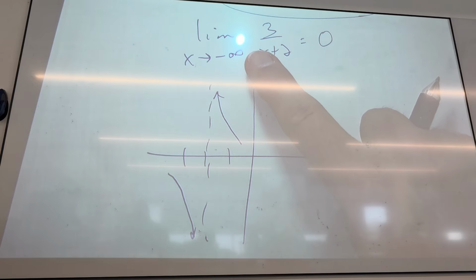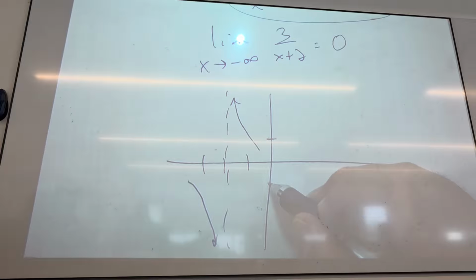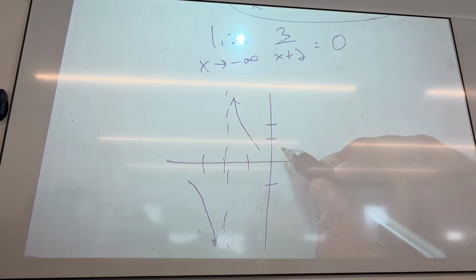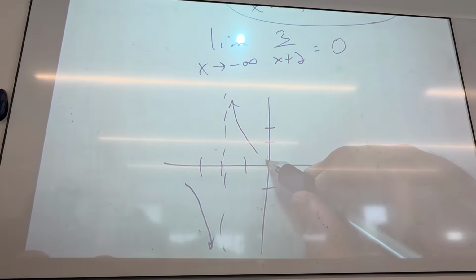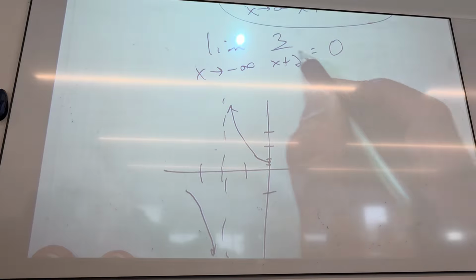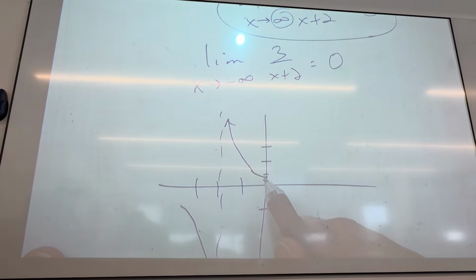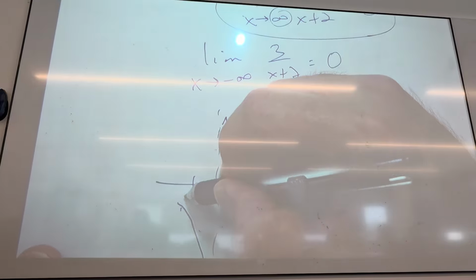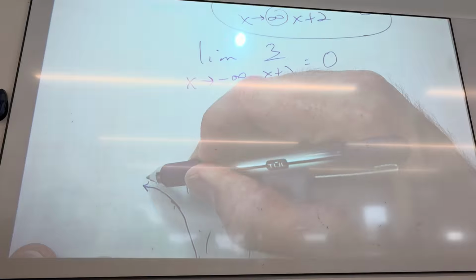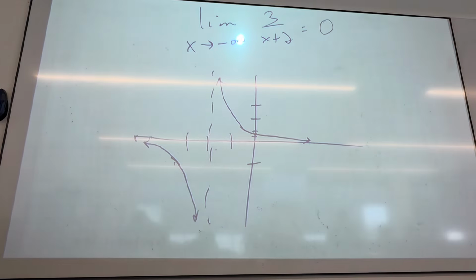Put a 0 in, yes, and what do you get? 3/2. So the y-intercept of this function is 1.5. There, 1.5. And as x gets really big, the outputs approach 0, and as x gets really big negative, the outputs approach 0. So that is a complete picture of that function.